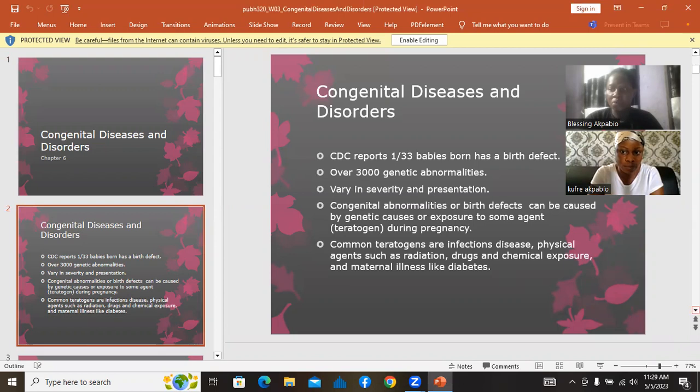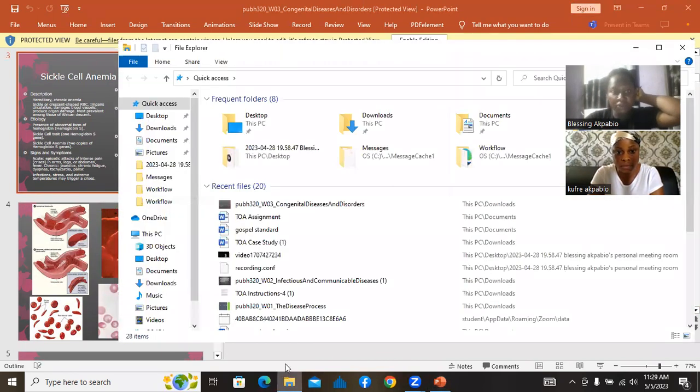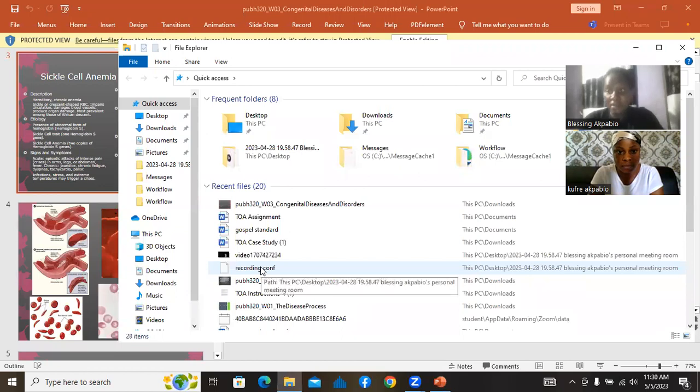So I will be reading the first case study and some symptoms and signs of the diseases. Then we will talk about it. The first case study I would like us to talk about is sickle cell anemia. I believe you've heard about that before.